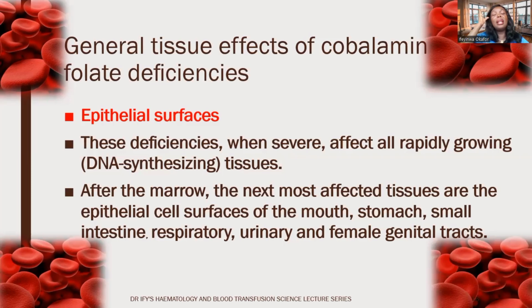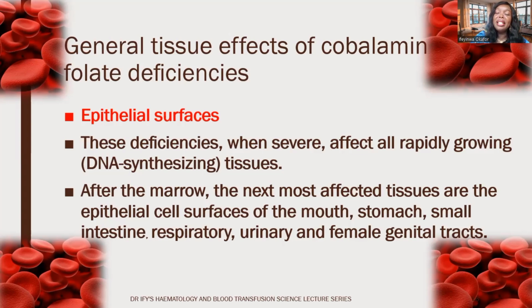So cobalamin and folate deficiencies affect all the epithelial surfaces. These deficiencies, when severe, affect all rapidly growing, that is DNA synthesizing, tissues in the body. After the bone marrow, that's affecting rapidly dividing precursors of red cells and blood cells.